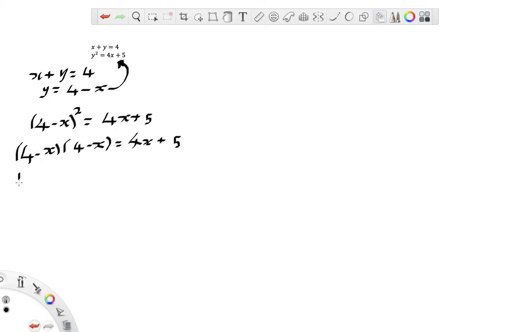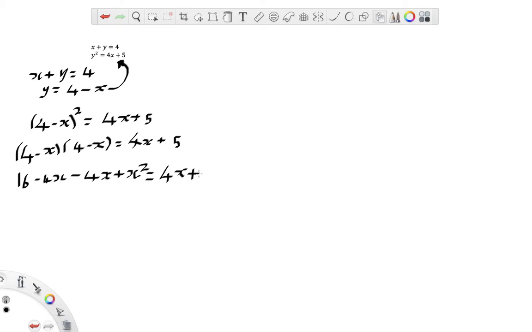So 4 times 4, well that's 16. Minus x times 4, well that's minus 4x. Then for the other one, minus x times 4, that's minus 4x. And then the last part, minus x times minus x, that's positive x squared. And that's equal to 4x plus 5.